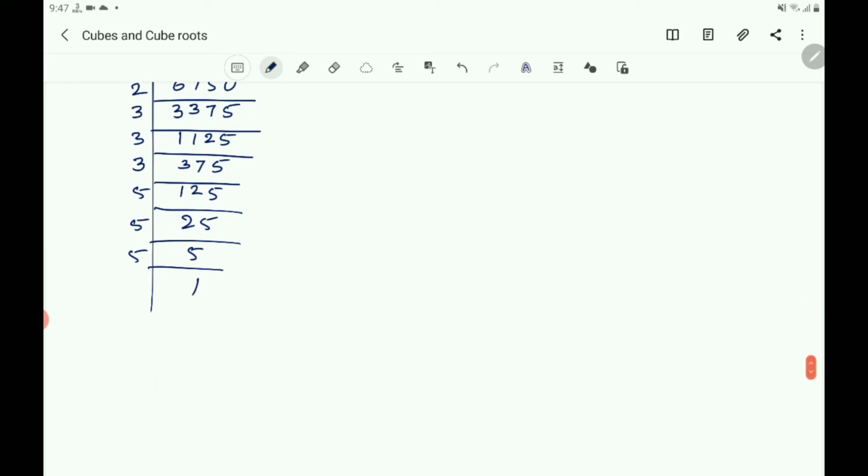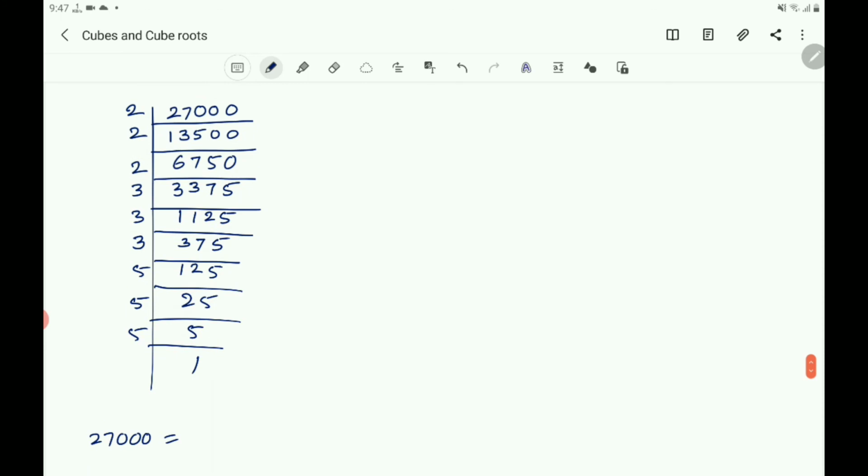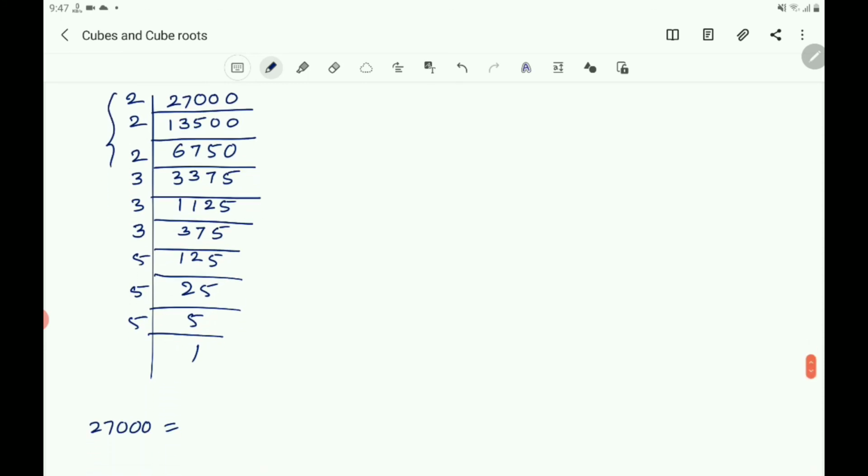Then you take 27,000 equals, here 1 triplet of 2 and 1 triplet of 3 and 1 triplet of 5s are there.